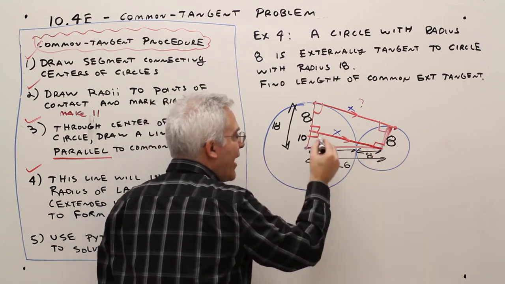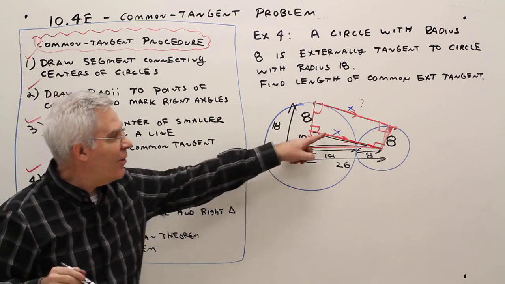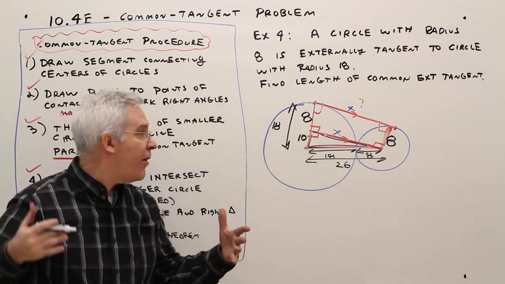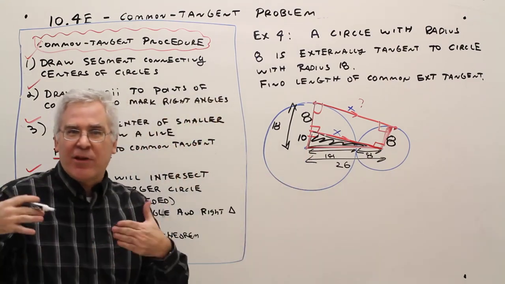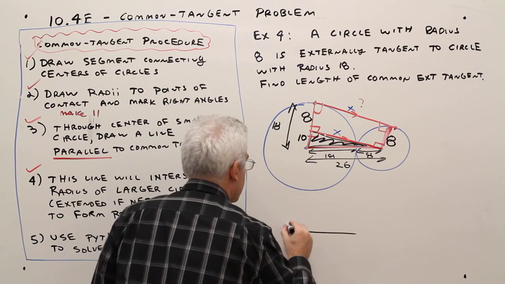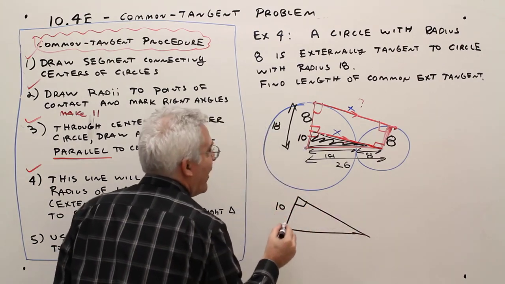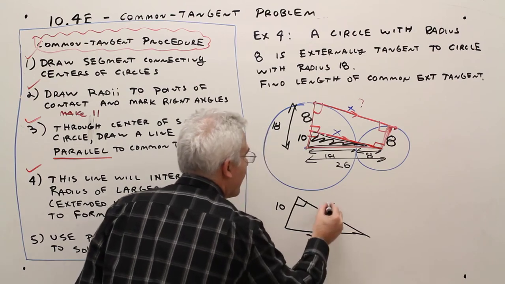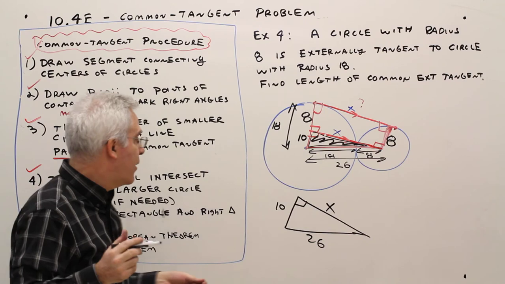I now have a right triangle, and I've got two sides. I can certainly find the third using the Pythagorean theorem. So let me recopy that right triangle just so you can better see what's going on. So I'll do that below. Something like that, perhaps. So I've got a 10 there, a 26 there, and an x there. And once I solve for x, I'm done.